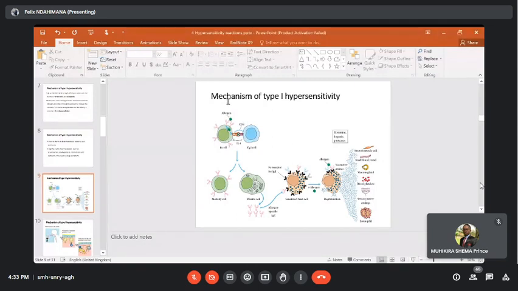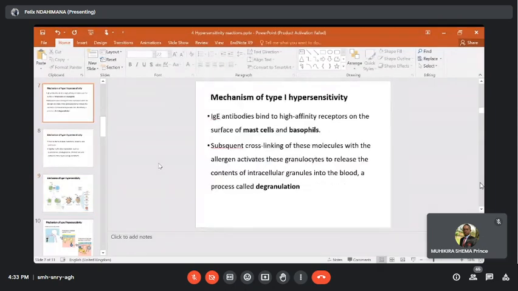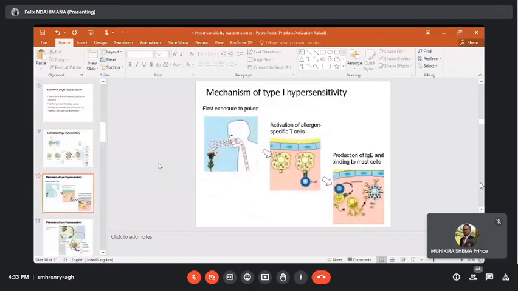And then, these are the ones trying to explain what we have just seen. This is another figure. On the first exposure, you can inhale pollen. Once it gets in there, it will activate allergen-specific T cells. Now this T cell will activate a B cell to produce IgE, the antibodies, and they will be brought to mast cells.